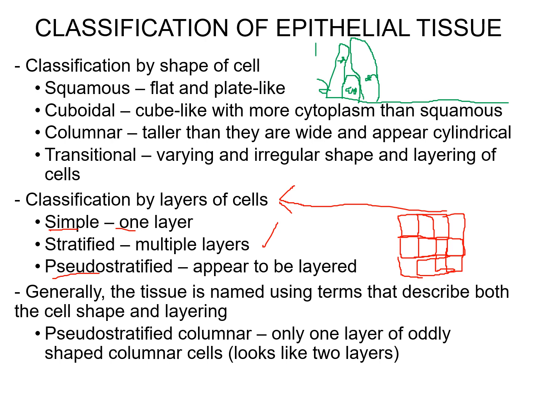And then the second thing that we're going to add to this naming process is, what does the cell look like? What is the shape of the cell? And you can see that up top. If we have flat pancake or plate-like looking cells, we call these squamous cells. Now, a lot of folks in the anatomy realm pronounce this differently.